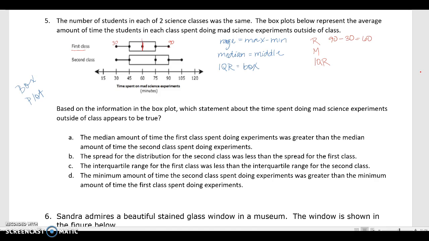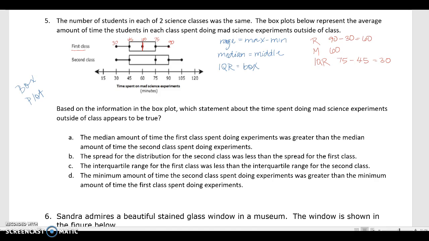So median is 60. And then the IQR is the range of the box. So we're going to take the right side of the box, 75. We're going to subtract the left side of the box, which is 45. So 75 minus 45 is 30.